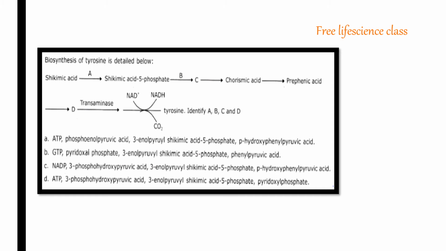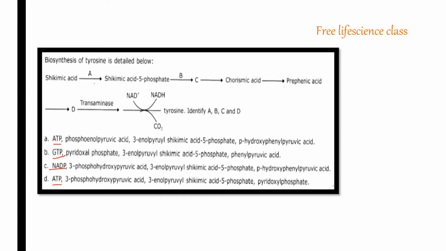The first thing you have to look at is A. Go through the option. First it is given ATP, then GTP, then NADP, and this is ATP. Here you are asked for the energy molecule for this reaction. Definitely the energy molecule is ATP.